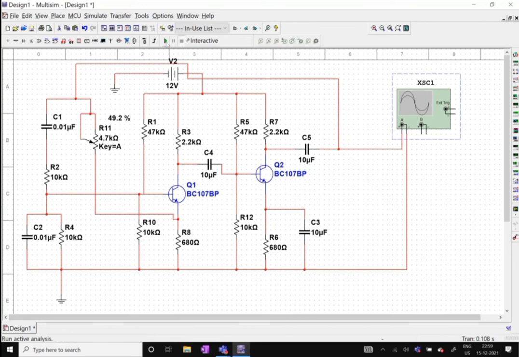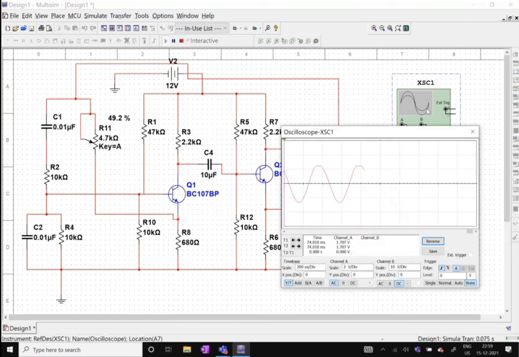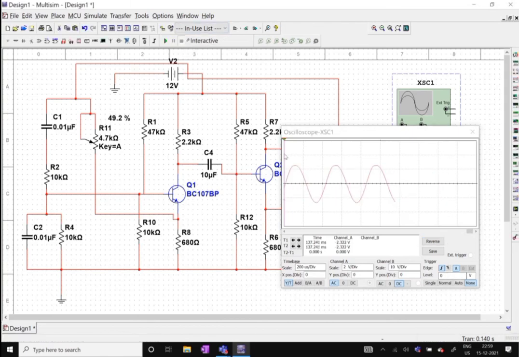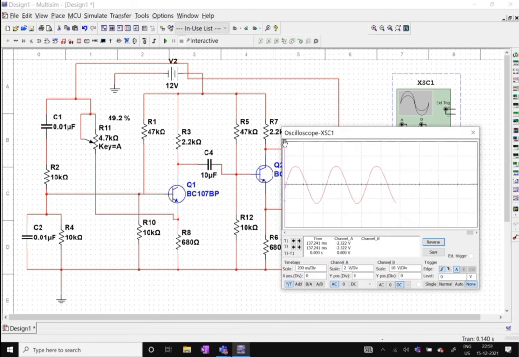Okay, 49.2. Observe the pure sine waveform and again find out the time period, which means the time required to complete a full cycle.